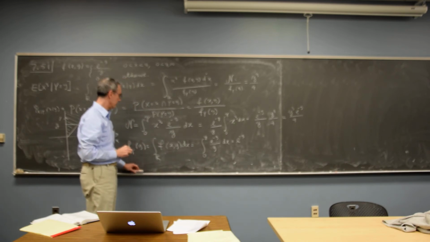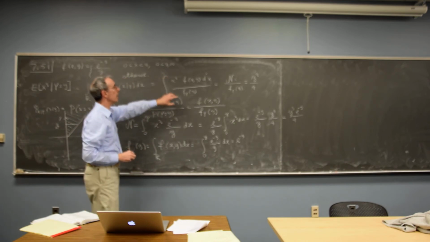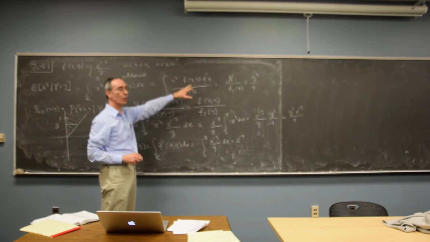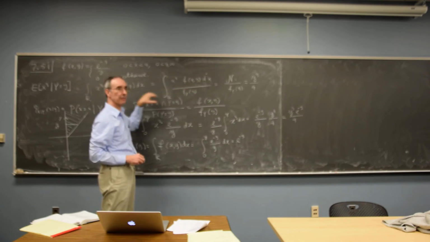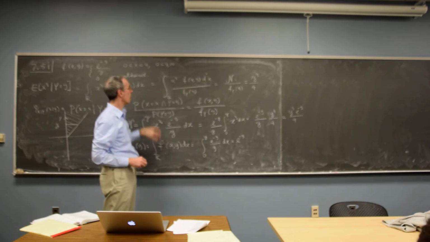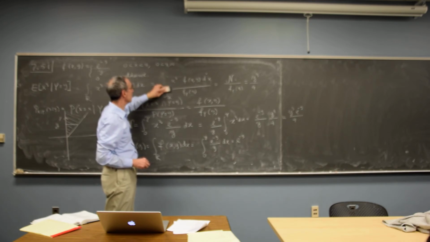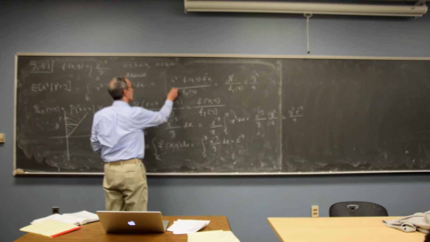Yeah, sure. You write this, and then you realize that this quantity here is not a function of x. So when you integrate over x, this can be factored out. So this quantity is the same as this quantity here.